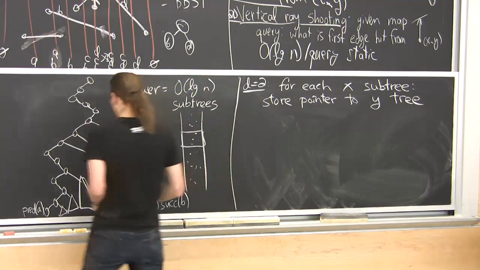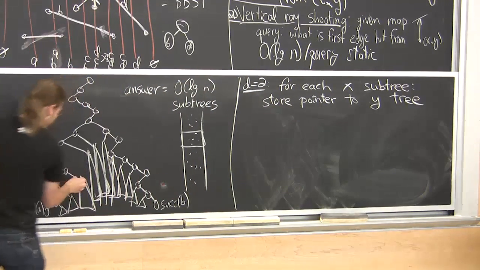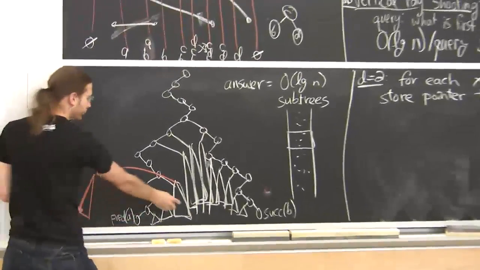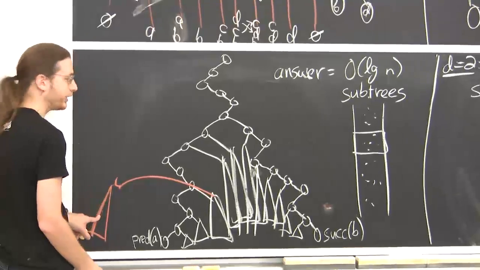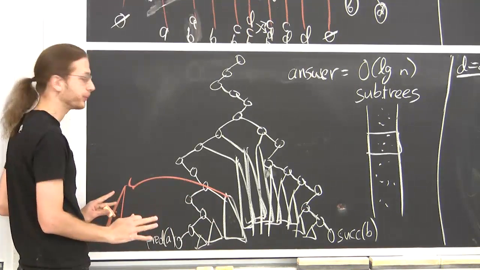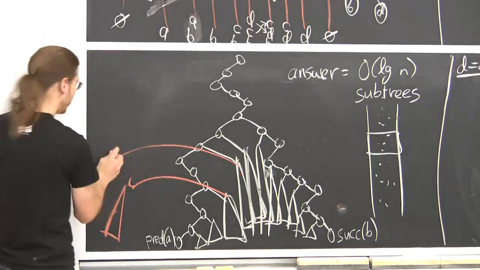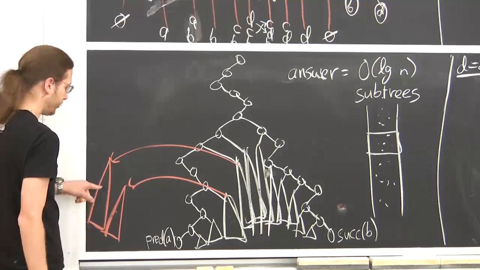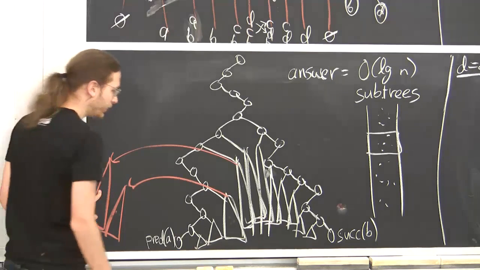So this guy has a pointer to a similarly sized triangle, except this one is on y. This one's sorted by x, this one's sorted by y. Same points. Okay, this subtree also has one. Same data as over here, but now sorted on y instead of x.